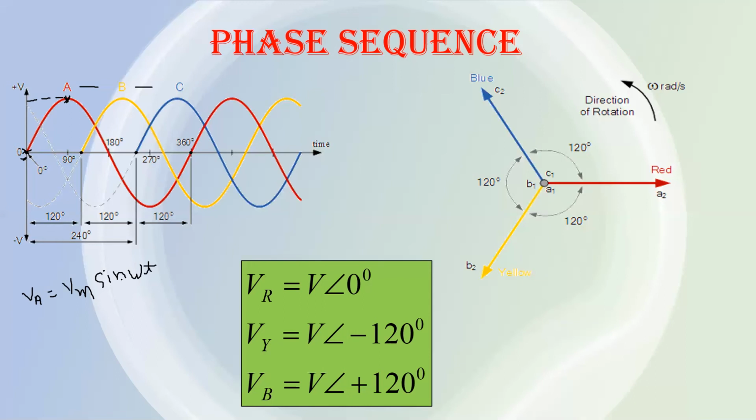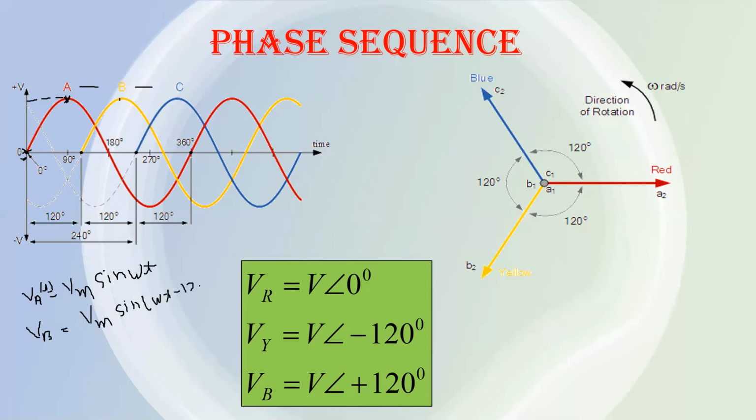Similarly, what will be the equation for phase B voltage? The equation for phase B voltage, as a function of time, will be Vm sin(omega t minus 120).